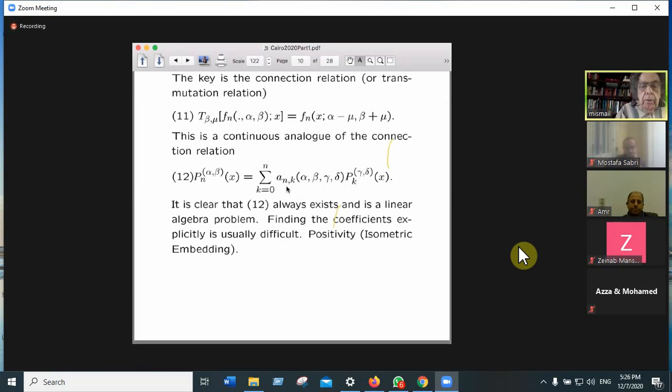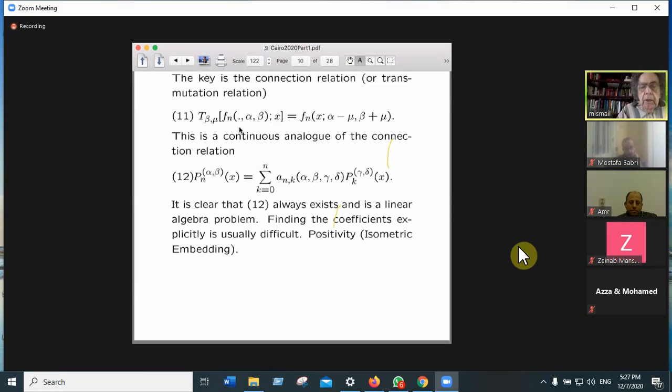Okay, so again, this is a standard problem in orthogonal polynomials, how to expand one set of polynomials into another. And this is a continuous analog of that, because you see here, the x is the same, but the degrees change. But in here, the degrees are the same, but the variables change.